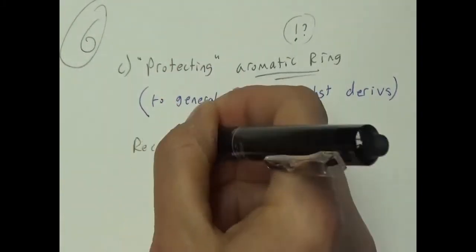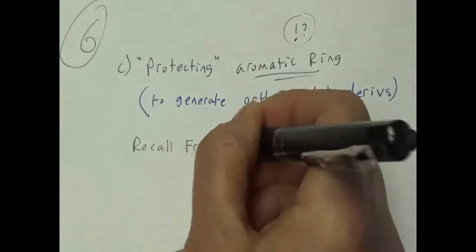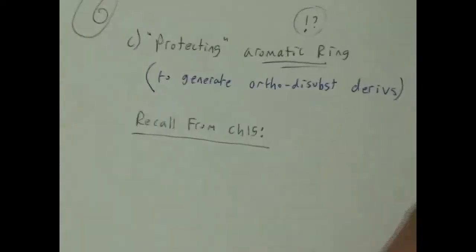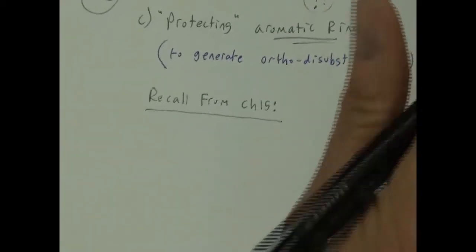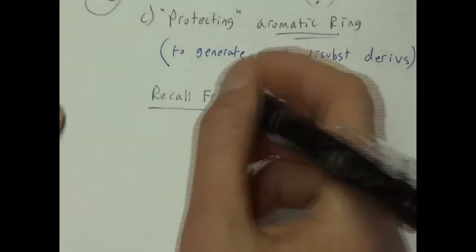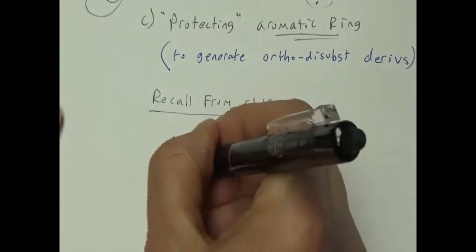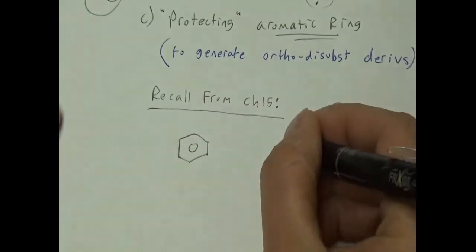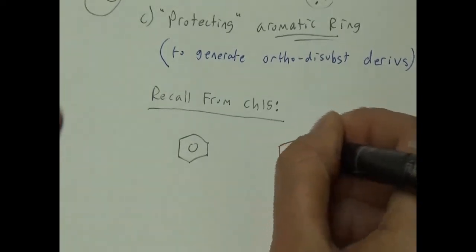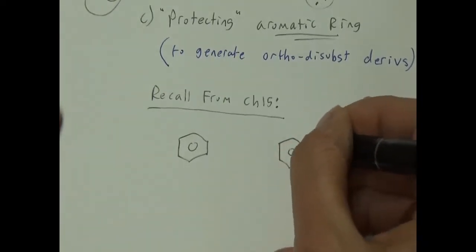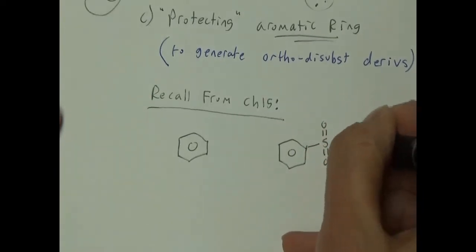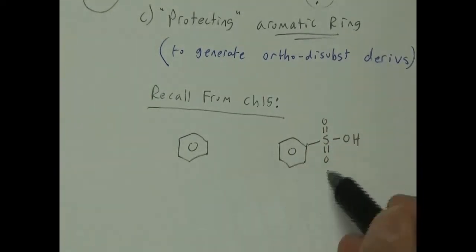recall, this is from chapter 15. Recall from chapter 15 that if you've got a benzene and I want to attach a sulfonic acid group, remember that's something we know how to do, right?